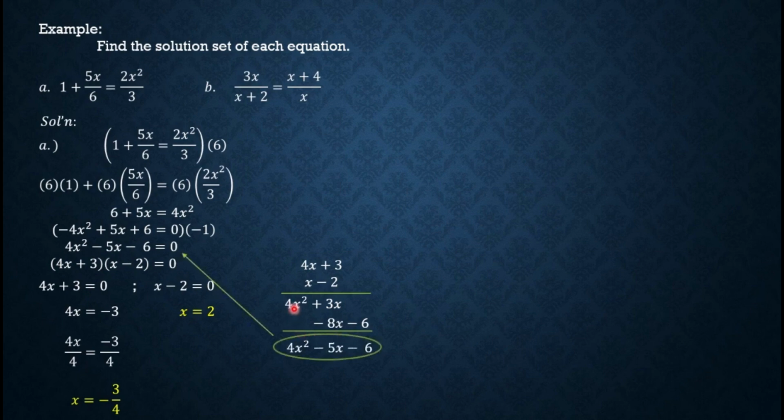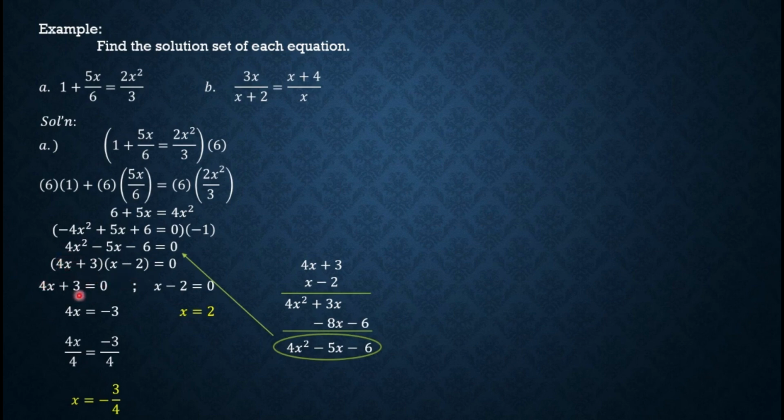So, bring down 4x squared, then bring down 5x, because positive 3x minus 8x is equal to negative 5x. 8x here is the bigger, so we keep the negative sign. Then bring down the negative 6, so that is correct. Our completing the square is correct.